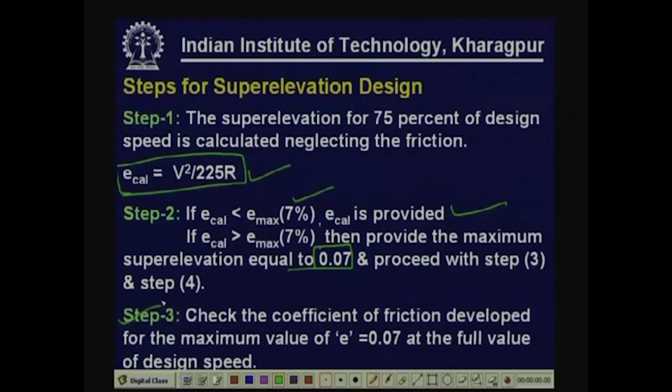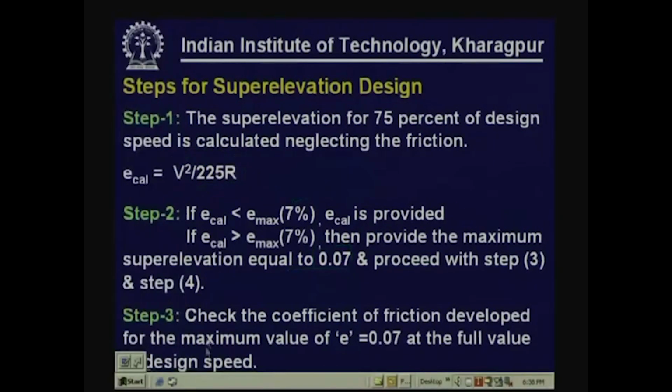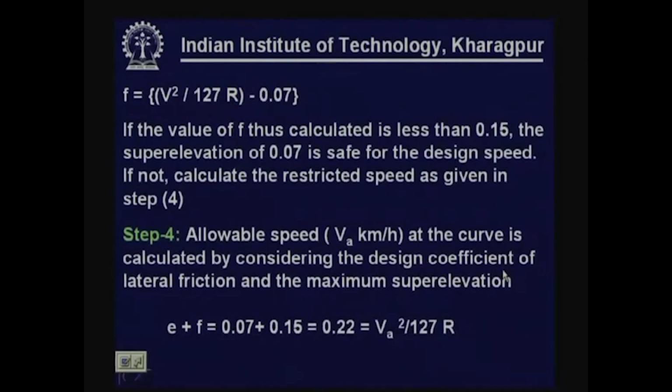Now, what is step 3? In that case, we have to check whether the side friction is adequate. Check the coefficient of friction developed for the maximum value of E as 0.07. That means, assuming super elevation as 7%, we check whether the coefficient of friction which is required to counteract the balanced centrifugal force is adequate. So, here we again use the formula v square by 127 r, because this is the total force to be encountered.